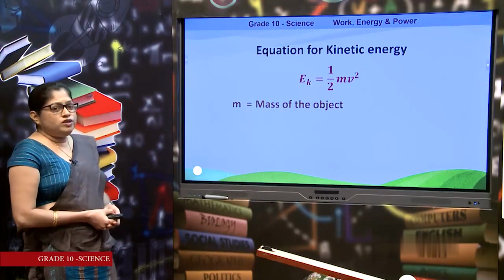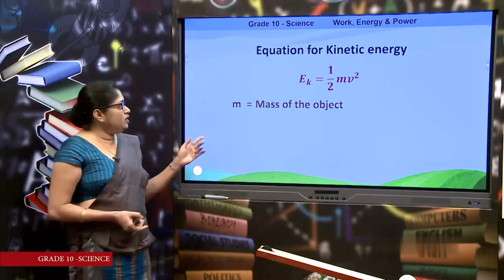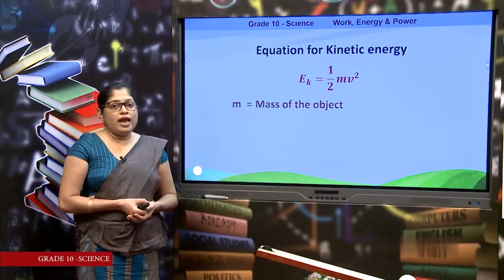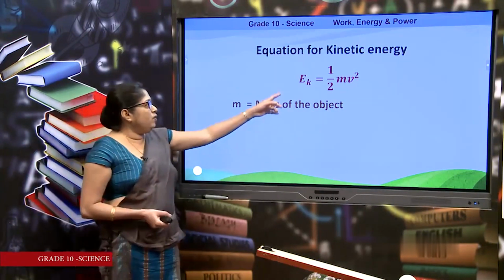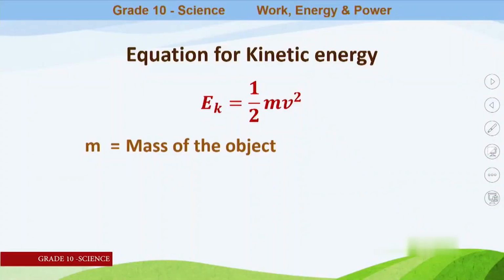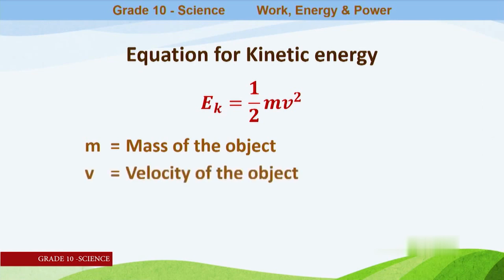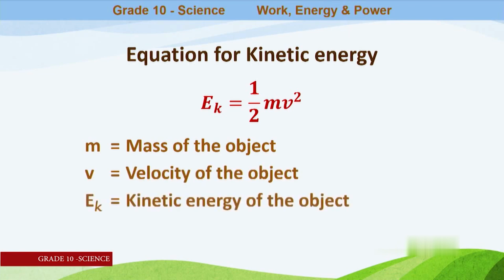So, now we are going to learn about an equation to do calculations related to kinetic energy. This is the equation: Ek equals half mv squared. I used m for the mass of the object, v for the velocity of the object, and Ek to represent the kinetic energy of the object.